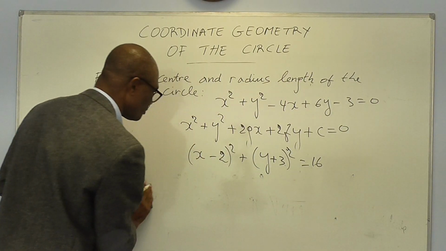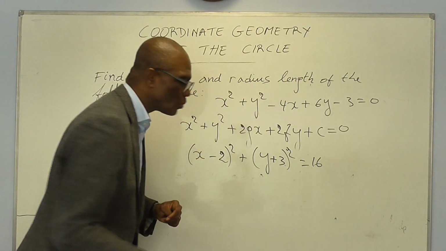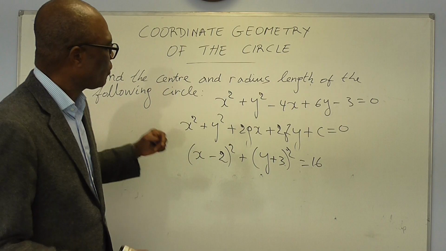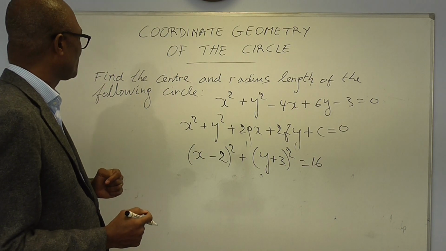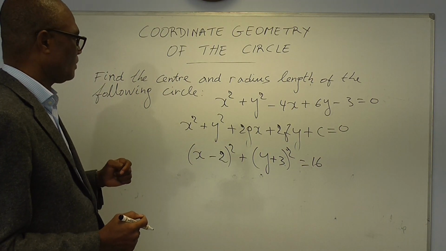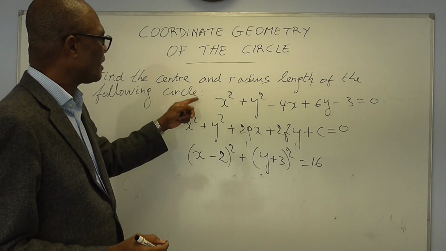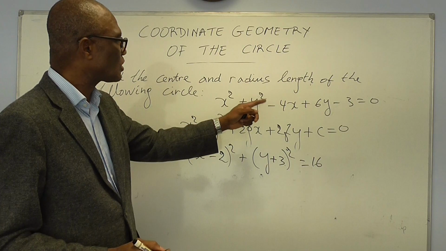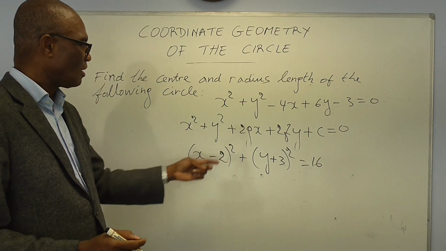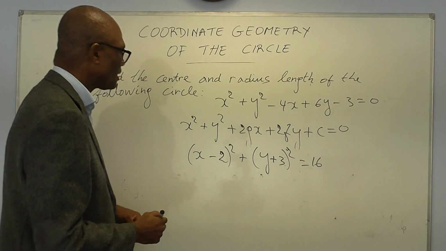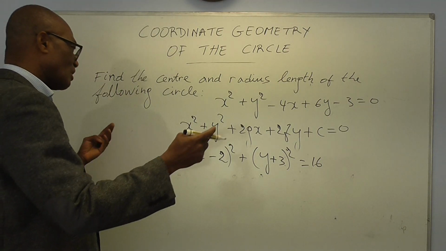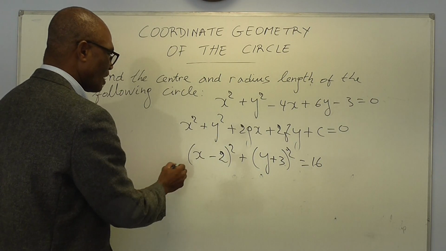Now, we are now going to check. Find the center and the radius length of the circle. Yes, we have this. The center, we went very long. So the center was what?